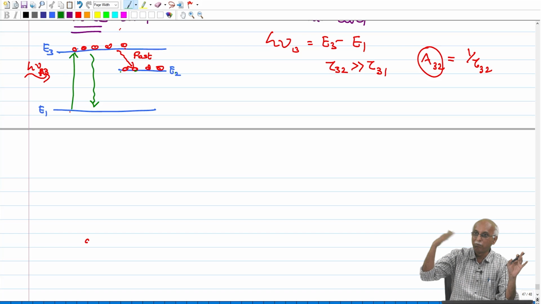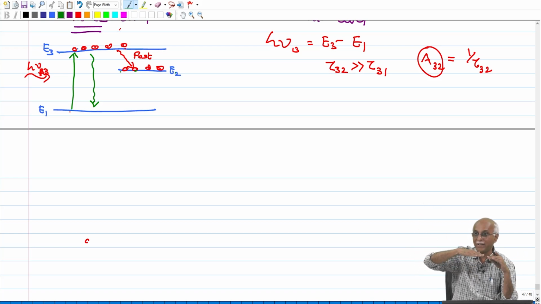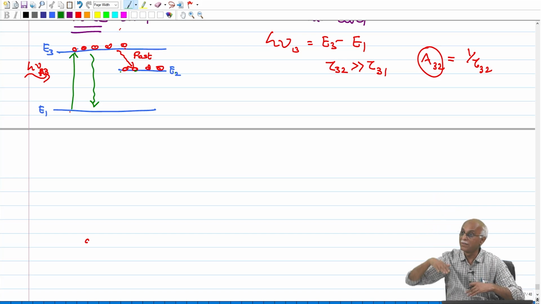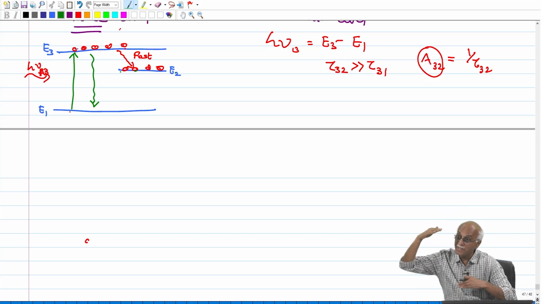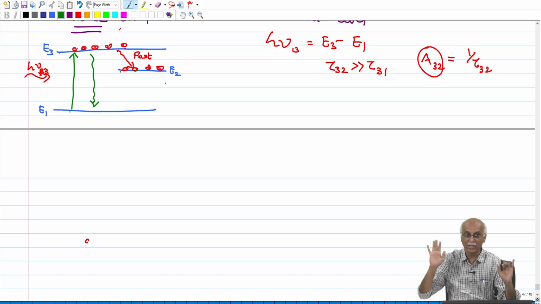All excited atoms decay to the second level, so E3 is almost empty. So which process is predominant? Absorption is predominant for E1 to E3, and spontaneous decay is predominant between E3 and E2.